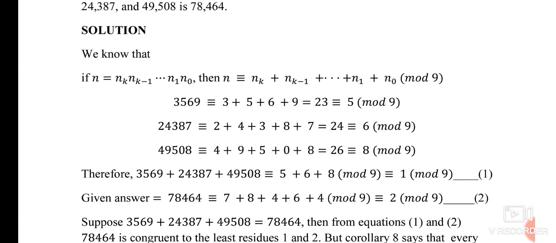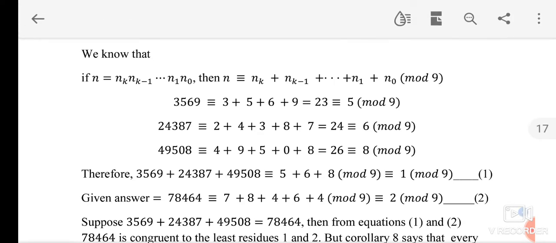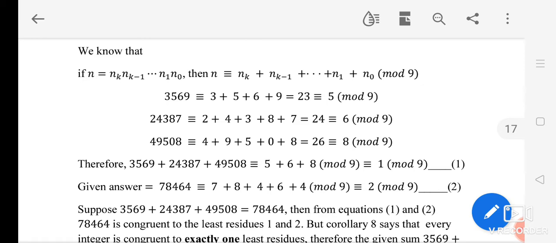Next, 24,387 is congruent to its sum of digits, 24, which is congruent to 6 modulo 9. Next, 49,508: its sum of digits is 26, and 26 is congruent to 8 modulo 9.